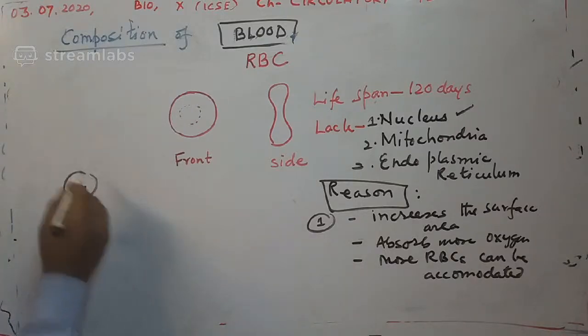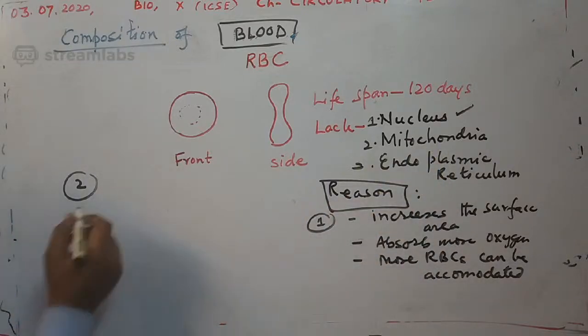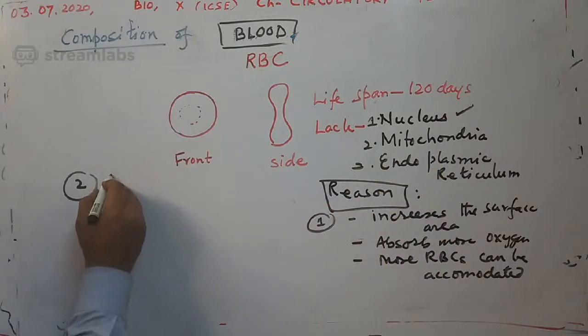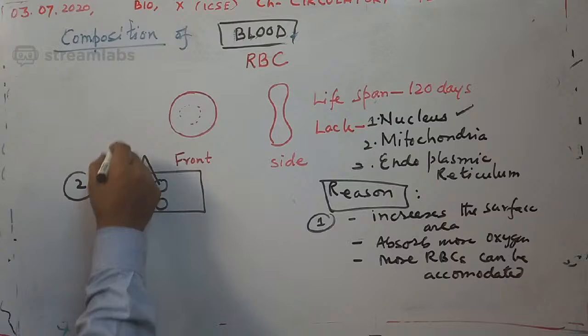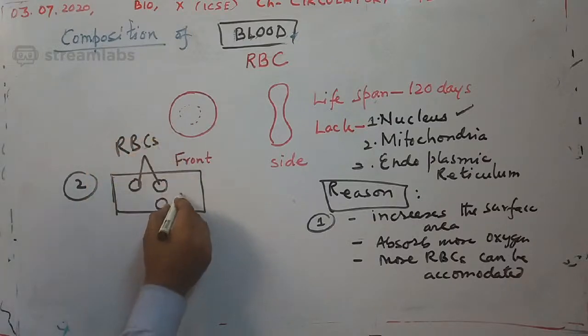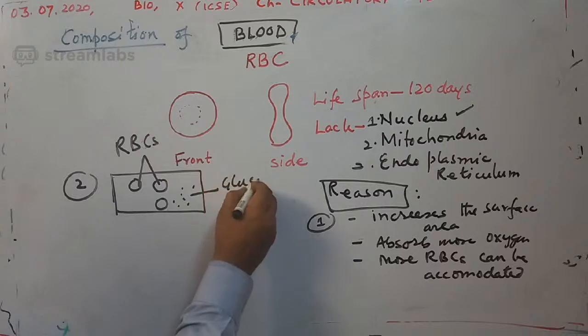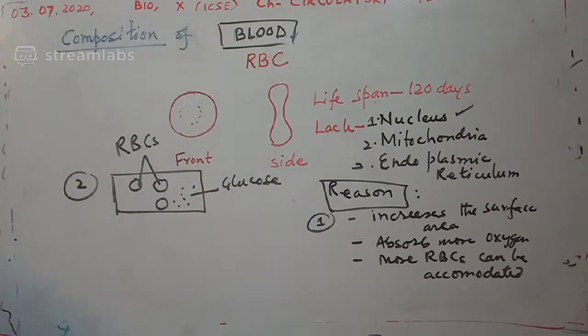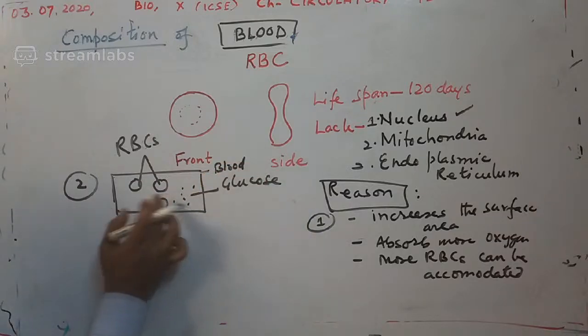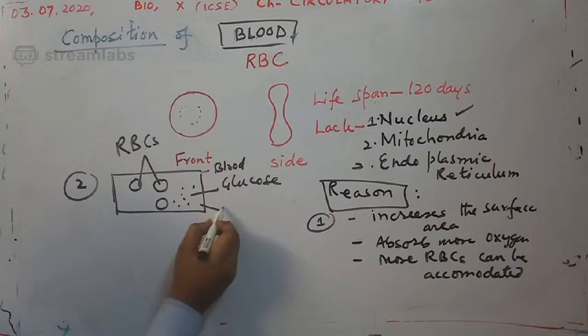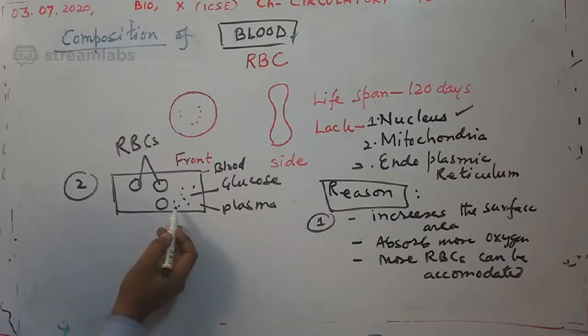Number two, mitochondria absent. Why is it important? If this is the blood, and these are RBCs, and in the blood plasma there is food in the form of glucose. Whatever is present in blood is plasma, and as I told, in plasma food is there.